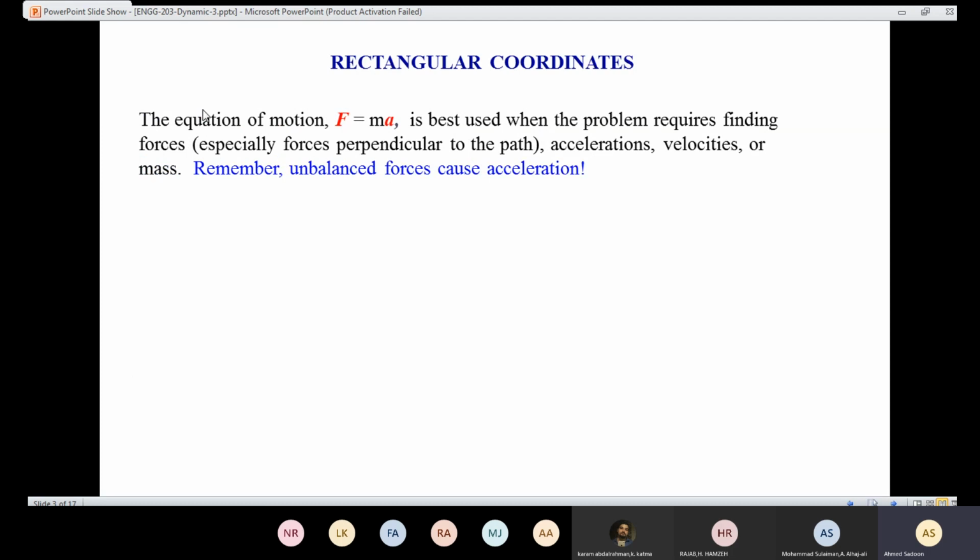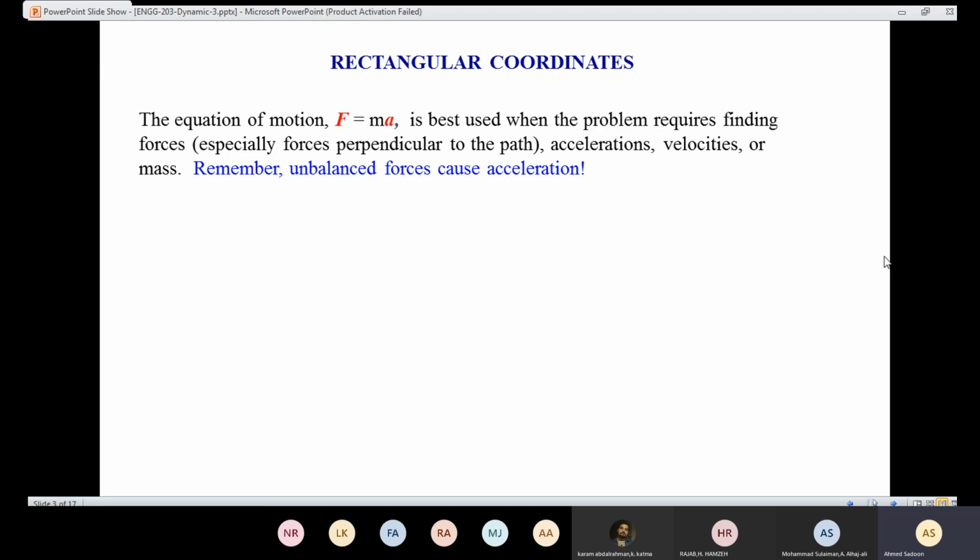So the equation of motion: the forces acting on a particle, unbalanced forces, are going to create acceleration acting on the particle. So the force vector should equal the mass times the acceleration vector.